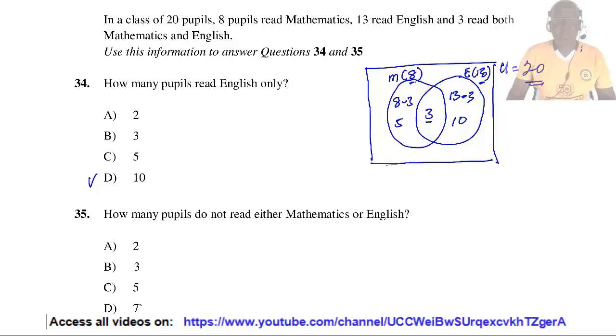Now, the number of people who study either mathematics or English is going to be equal to 5 plus 3 plus 10, which equals 18. So, the number of people who do not read either mathematics or English is going to be equal to the universal set 20 minus 18, which equals 2. So the answer is A.